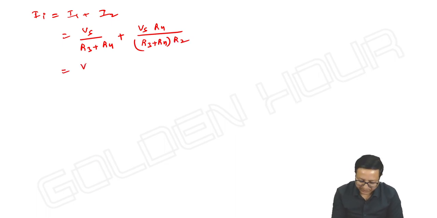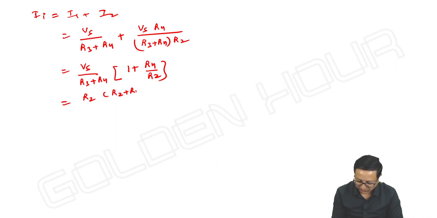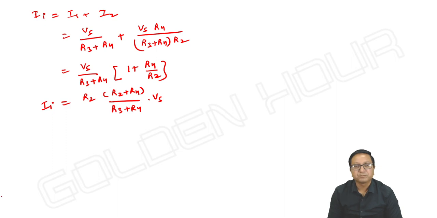Then if I take Vs by R3 plus R4 common, it is 1 plus R4 by R2. That is finally what we can write: R2 plus R4 by R3 plus R4 into Vs, that is our Ii.